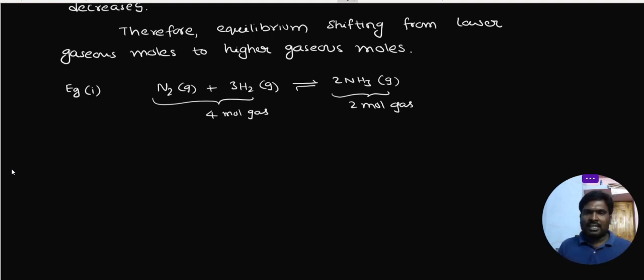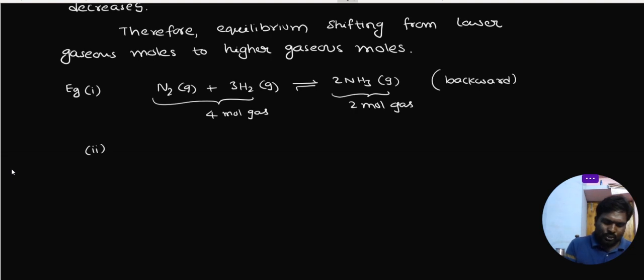Addition of inert gas at constant pressure, lower gaseous moles to higher gaseous moles means here which direction? Backward direction. Equilibrium shifting in backward direction.